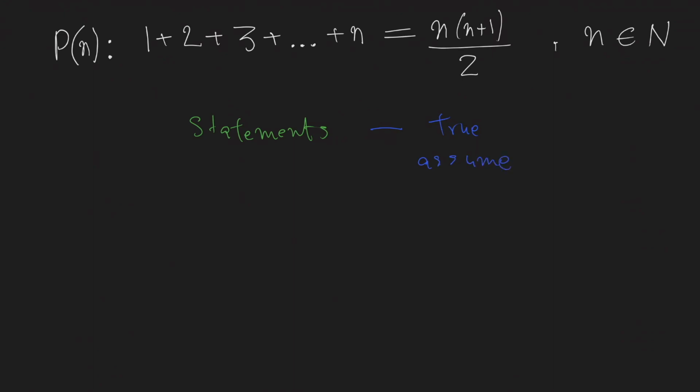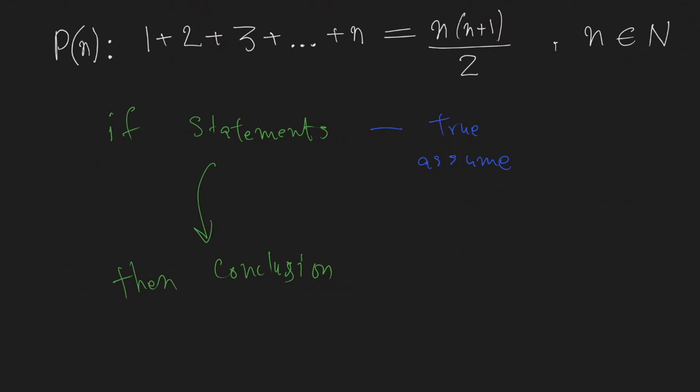And then you show that if these statements are true, then a certain conclusion must follow. So this is deductive reasoning, and this is exactly what we're going to do here.